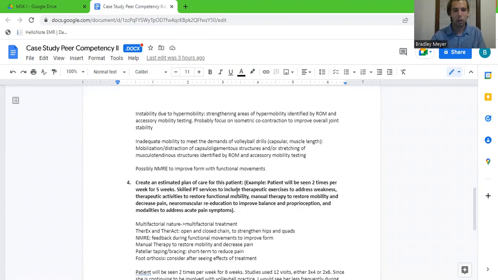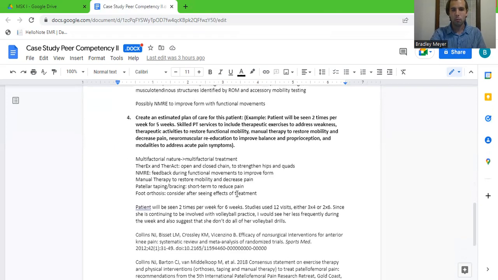And then another treatment idea would be neuromuscular re-ed. If I notice, while observing or doing some of those functional movements like squats and stepping up and down, then I might want to re-educate her on what proper form would be.